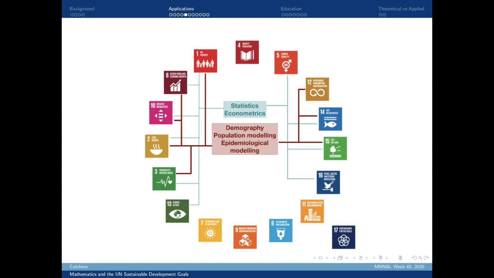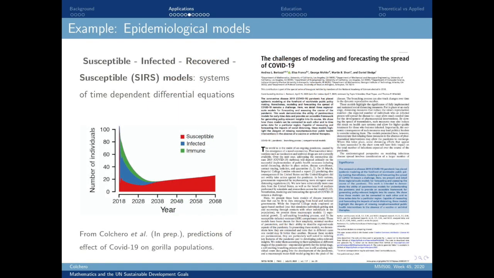For example, in the context of the current COVID crisis, by means of systems of differential equations, such as the susceptible, infected, recovered, susceptible models, mathematics has been crucial to understand and predict the impact of a virus that was unknown to humankind until now.